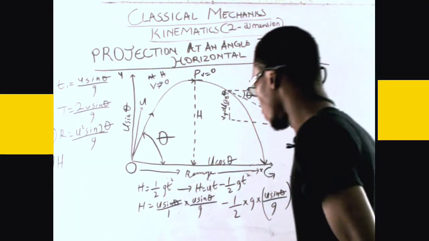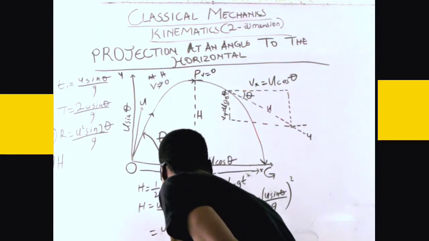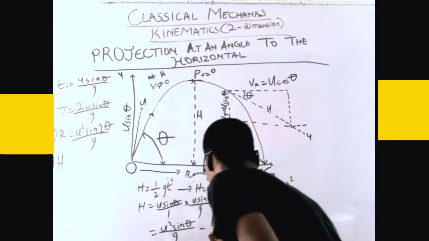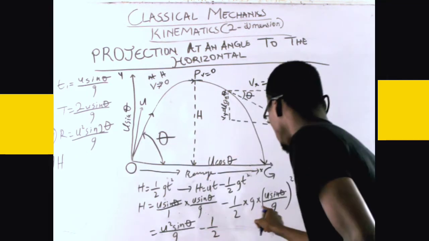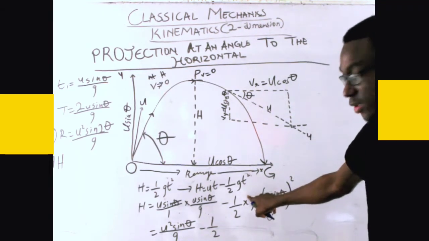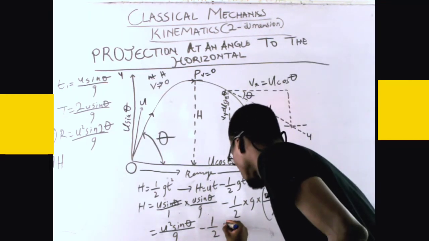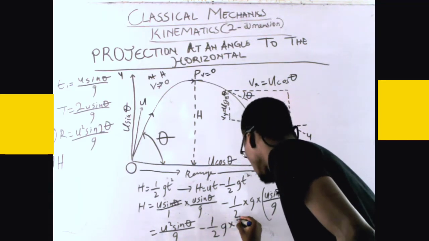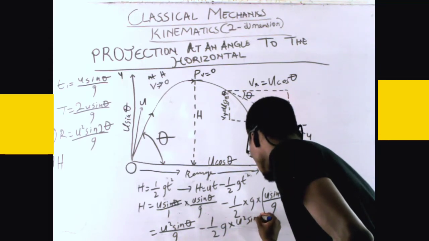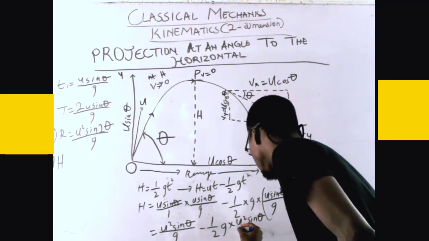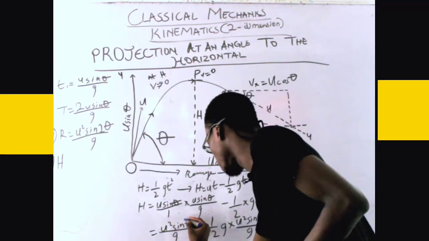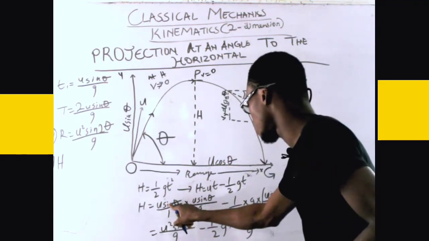So this will be u squared sine theta over g minus half g. The g will cancel g, and we will be left with 1g since this is squared and this is just 1g. So we'll be left with 1g multiplied by u squared sine theta over g. So this should be sine squared theta, sine times sine.